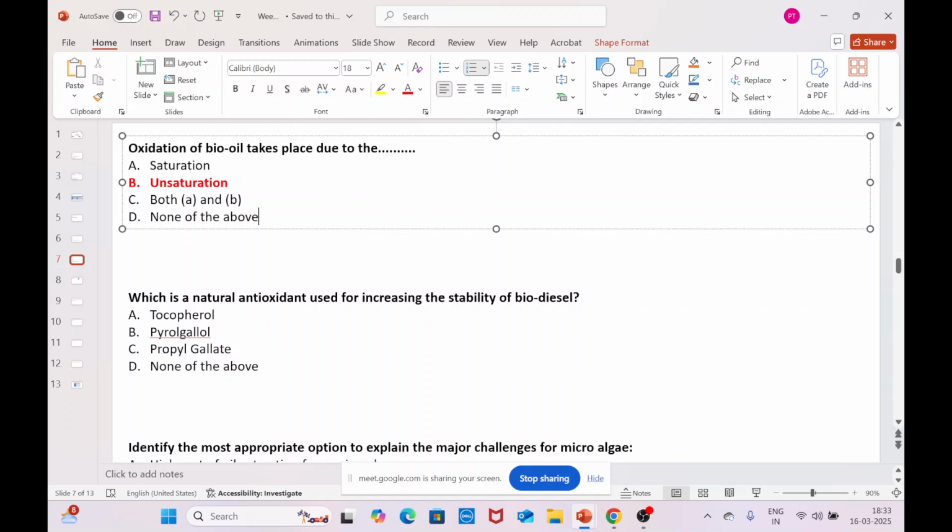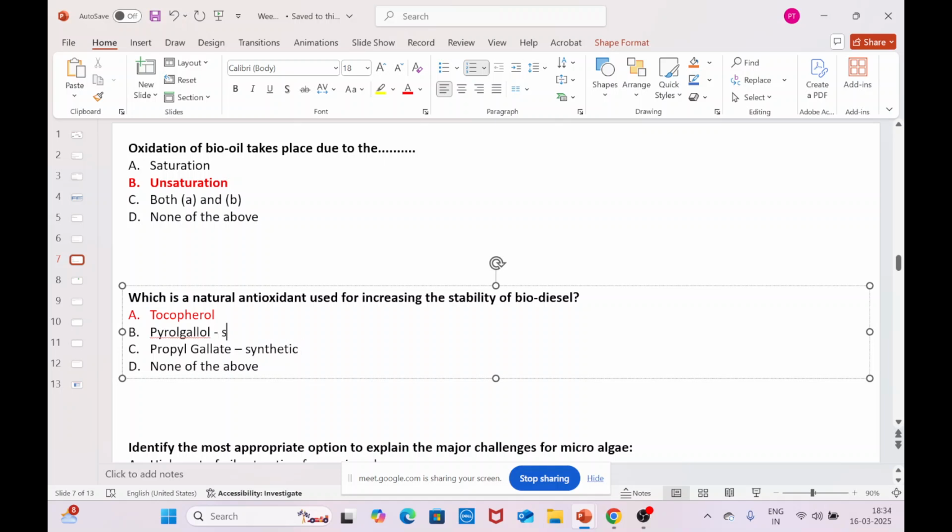Tocopherol. What about pyrogallol and propyl gallate? These are synthetic, and this is also synthetic.